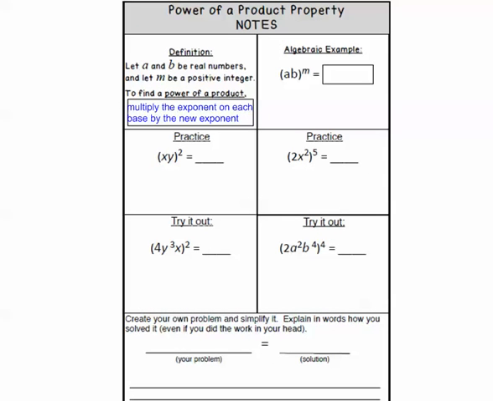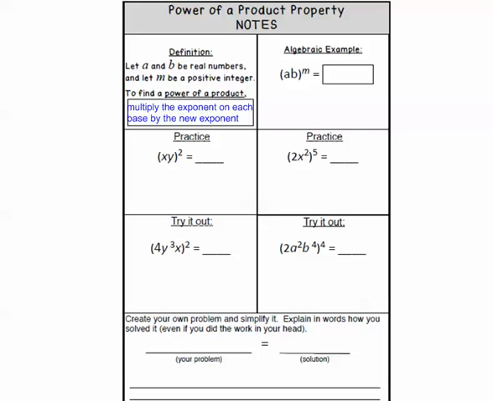In general terms, we can write an algebraic example using variables like we have on previous properties. But this time we need 2 bases, so we'll let a and b be our bases, and we will use m as an exponent, as our power. So to find the power of a product, we're simply going to multiply the exponent on each base by the new exponent.